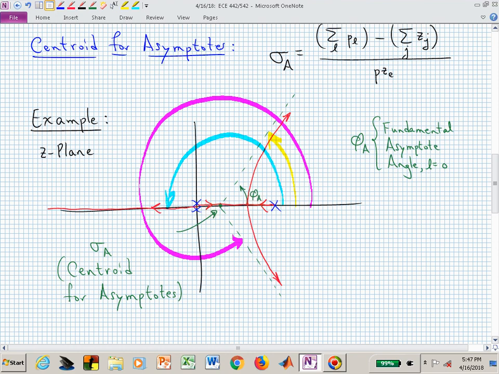They're equivalent, but this way we can count up to 360 by indexing 2L plus 1 times that fundamental angle. Typically, I'll just say, what's the fundamental angle? And that's the 180 divided by the pole zero excess. And that gives us this first phi sub A, and once we have that, we know all the others equally cut up the z-plane.